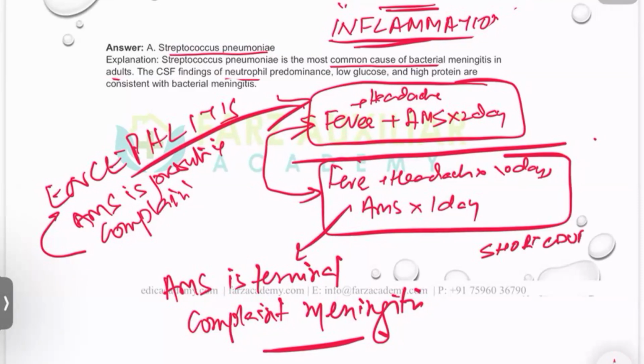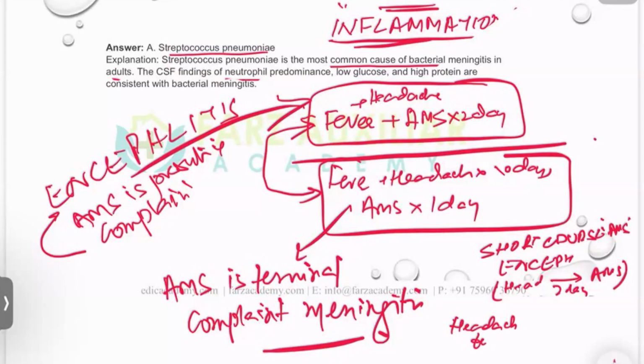Short course means a presenting short course of altered mental status, like progression from headache, fever to altered mental status in only 2 days. Whereas progression from headache, fever to altered mental status in 10 days is pyogenic meningitis.